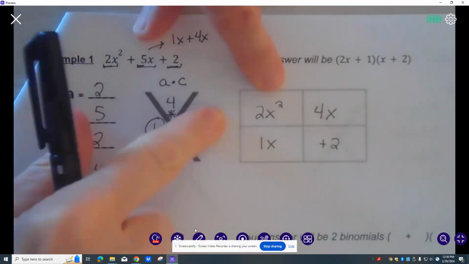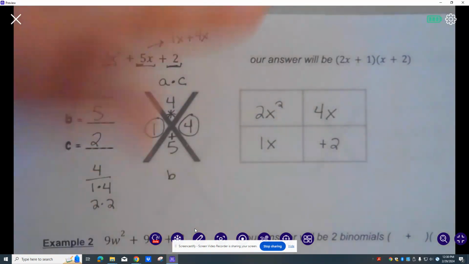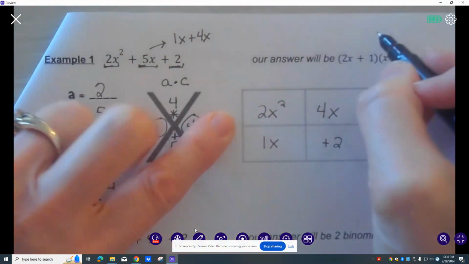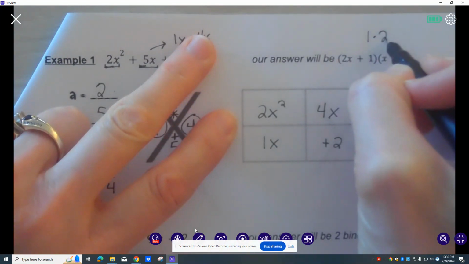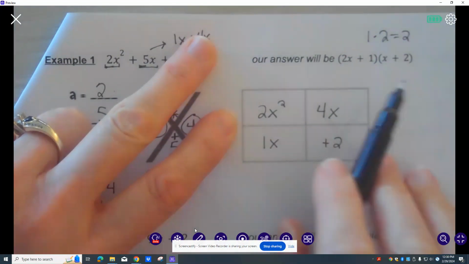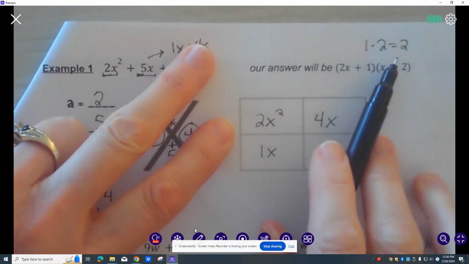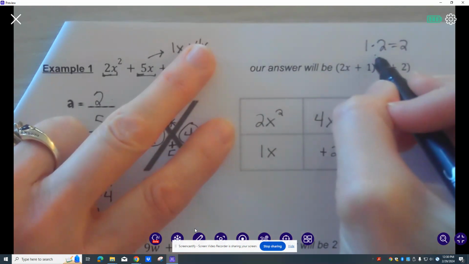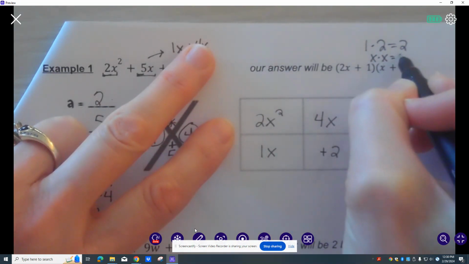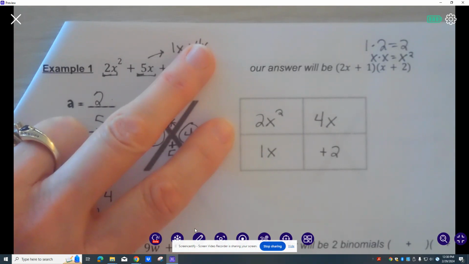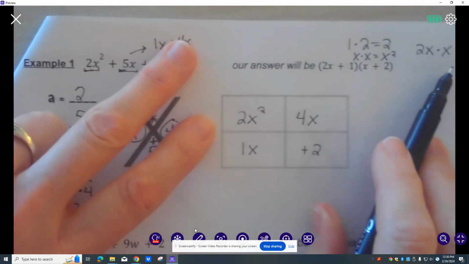Well, there's only one way to get a 2. To get a 2, I have to do 1 times 2. And there's only one way to get an x squared. That would be x times x gets me x squared. So to get a 2x squared, I have to multiply 2x times x.